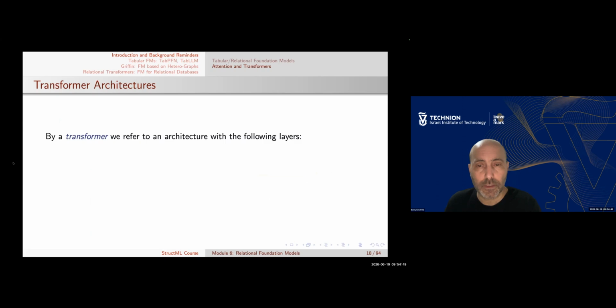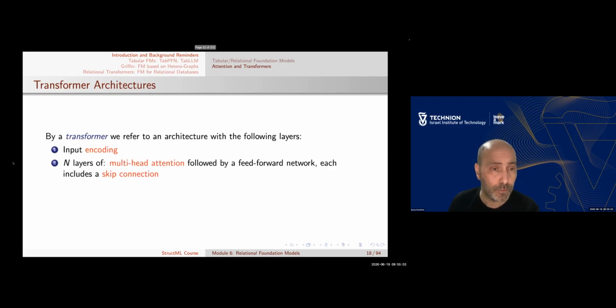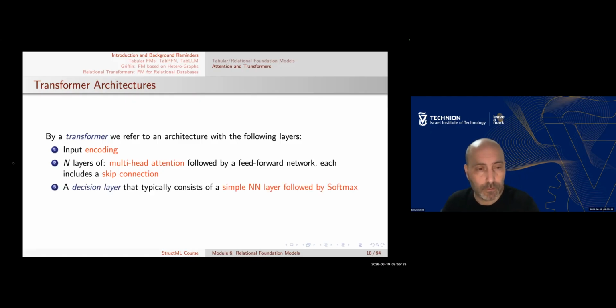The core component of transformers is the attention, and transformers are basically just applying the attentions multiple times to the input. You have some input encoding, then n layers of multi-head attention, each followed by some post-processing of the data, some feed-forward network. It includes a skip connection, to allow the output of the attention to read directly the input, to deal with learning training anomalies.